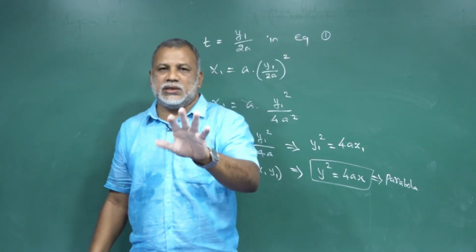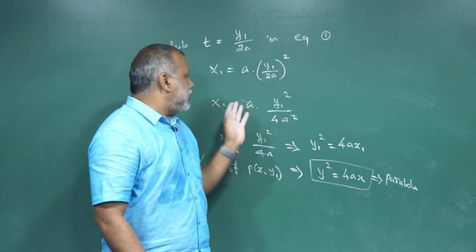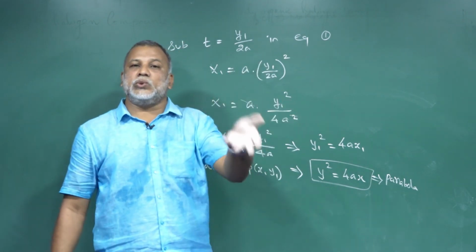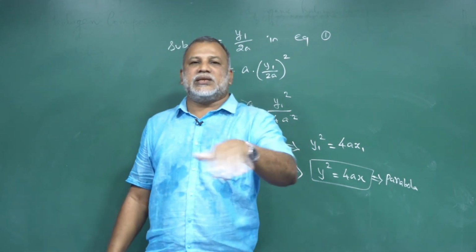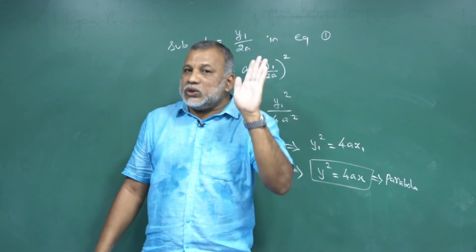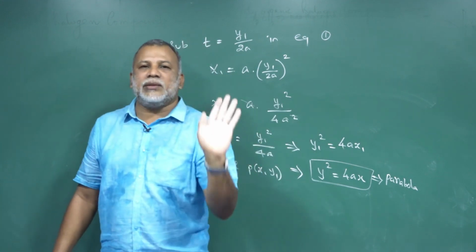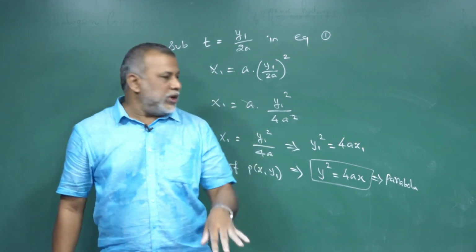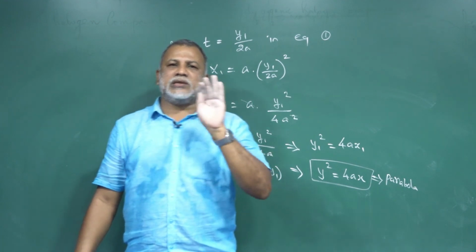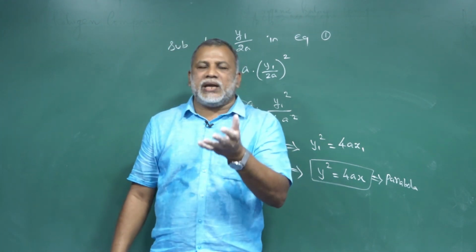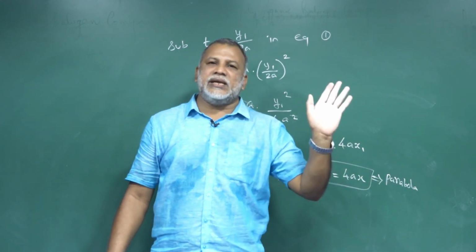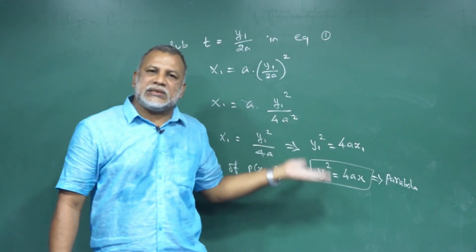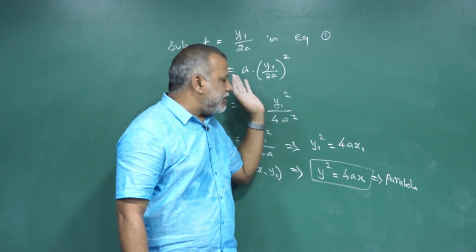The given x equal to at squared, y equal to 2at, that is (at squared, 2at) given in your question, is considered to be the parametric equation. So t is the parameter, and we have to eliminate the parameter. We always select P(x1, y1), then compare. If trigonometric functions are given, use the identities. Here the parameter t is given, so we have to eliminate the parameter.